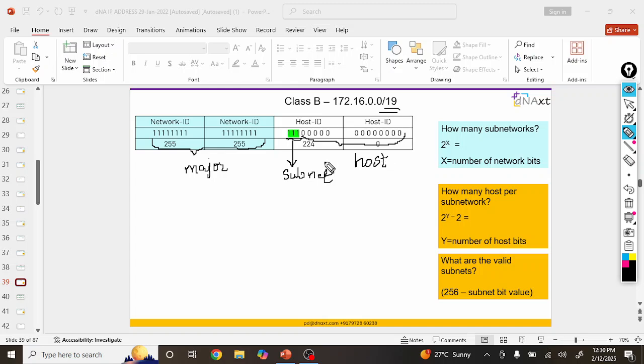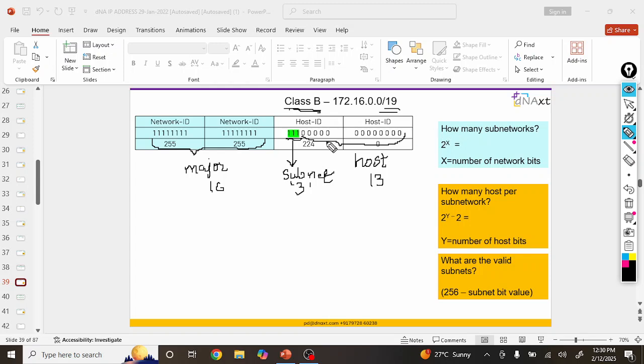There are 16 major bits as we are talking about class B, 3 subnet bits, and host bits are 13. We have 13 host bits. Now let's look at how many subnetworks we will get over here.